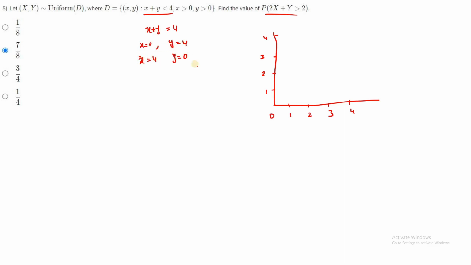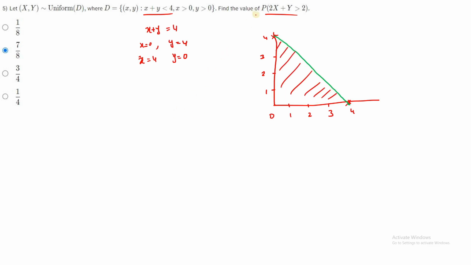So these are the 2 points that we have. 0 comma 4 is this guy, and 4 comma 0 is this guy. I'll just use another pen. Okay, so now this is our line. So x plus y less than 4 is nothing but all this area, right?